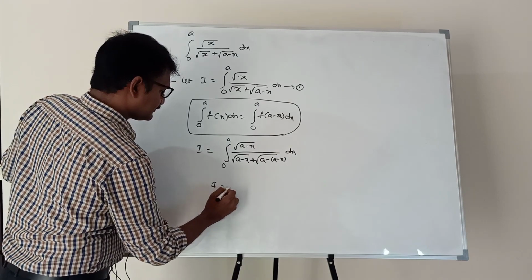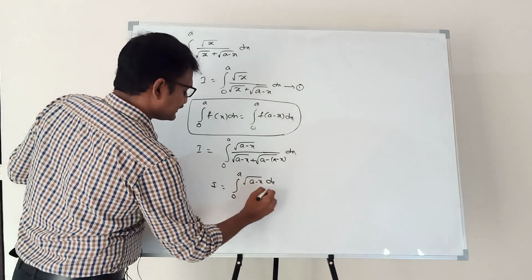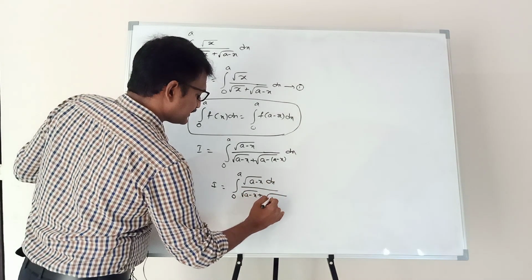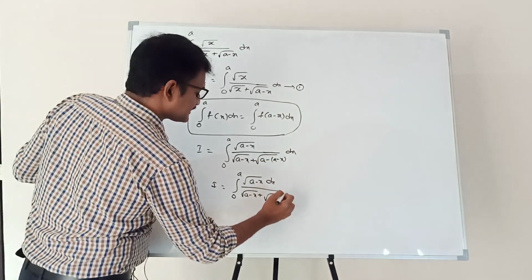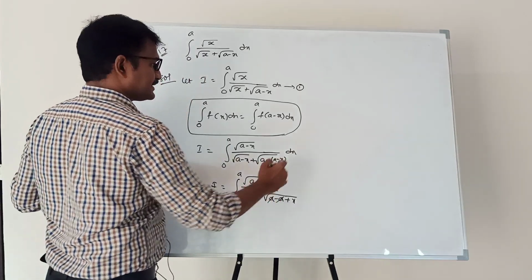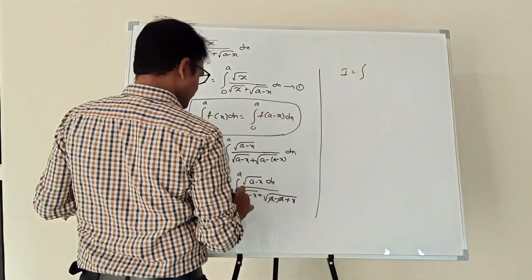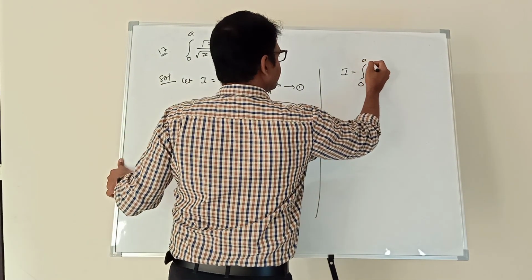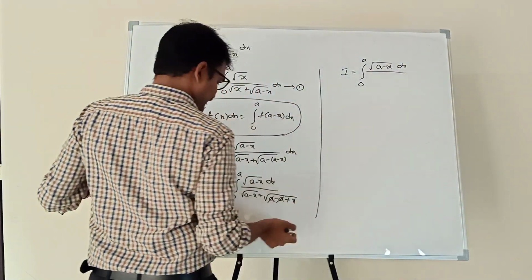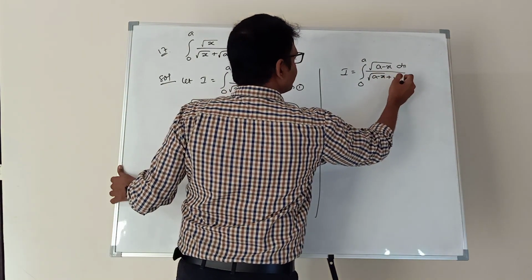I is equal to integral 0 to a root of a minus x dx by root of a minus x plus root of a minus a plus x, where minus a plus a gets cancelled. So I is equal to integration of 0 to a root of a minus x dx by root of a minus x plus root x.